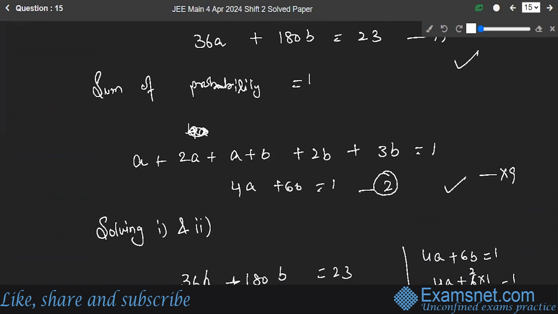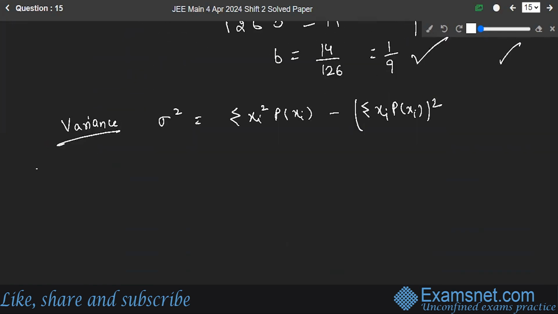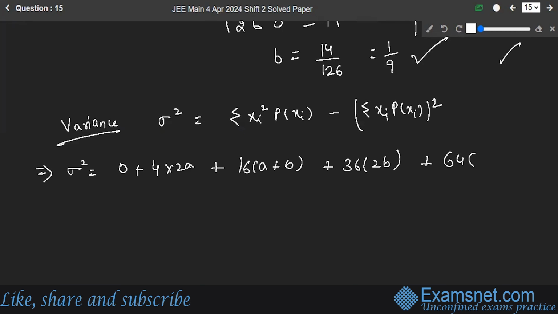Let's write it simultaneously. This is equal to 0 plus 2 square, seeing the table, please refer to the table, which is equal to 4 into 2a, plus 16 into (a plus b), plus 36 into 2b, plus 64 into 3b, minus 46 upon 9 whole square, because this was already given to you.